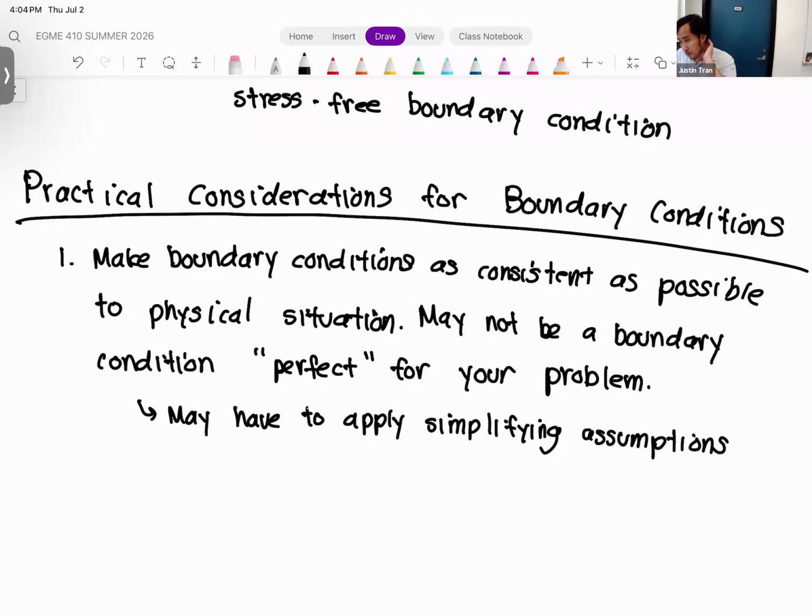Maybe you have a complex constraint on your system, but it's just a lot simpler to apply that as a fixed support over a wide area. So you may have to do that in those situations.